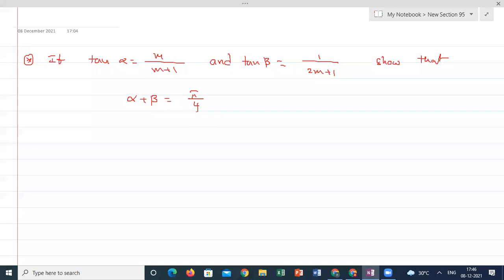Simple. Take tan of alpha plus beta, expand and substitute the values. Check what you are getting. Automatically it leads to the answer.